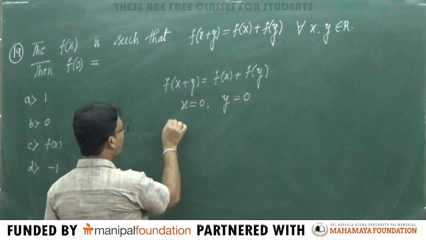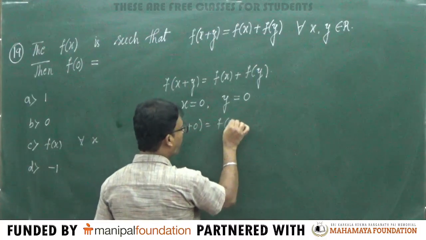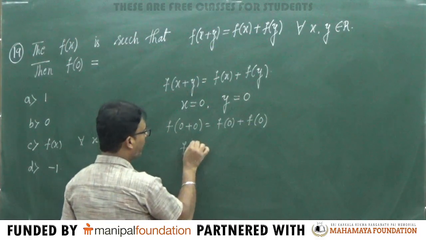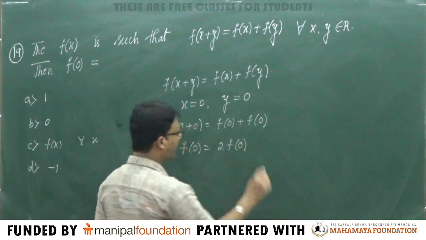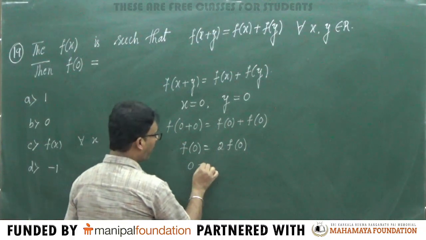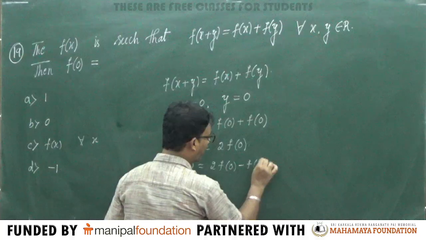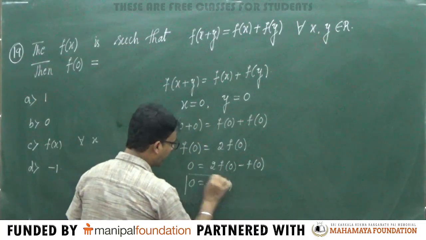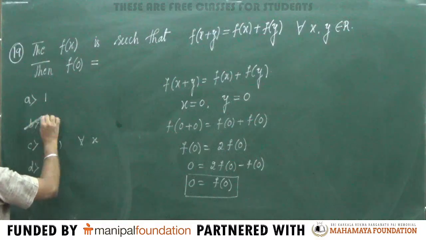We get f of 0 plus 0 is equal to f of 0 plus f of 0. That means f of 0 is equal to 2 times f of 0. Carrying f of 0 to the RHS, we get 0 is equal to 2 times f of 0 minus f of 0. That means the value of f of 0 is equal to 0. Therefore, the correct answer is option B.